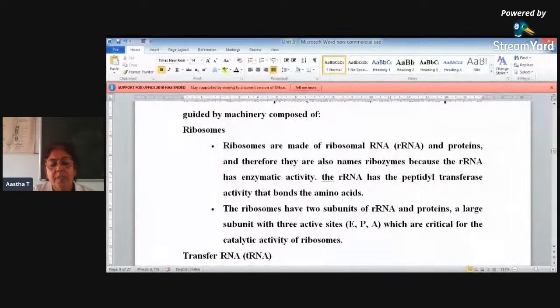So ribosomes are made up of ribosomal RNA and proteins. They are also ribozymes which are involved in this particular process. The rRNA, or ribosomal RNA, has transferase activity. Peptidyl transferase means transfer of, or formation of, a peptide bond between two amino acids.